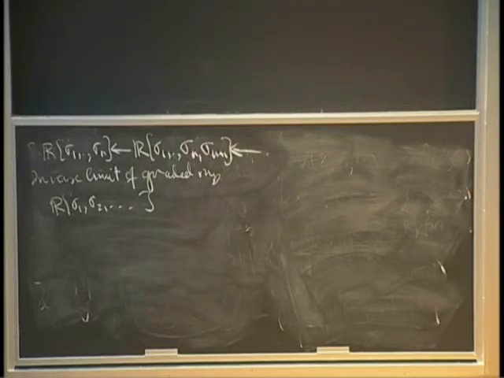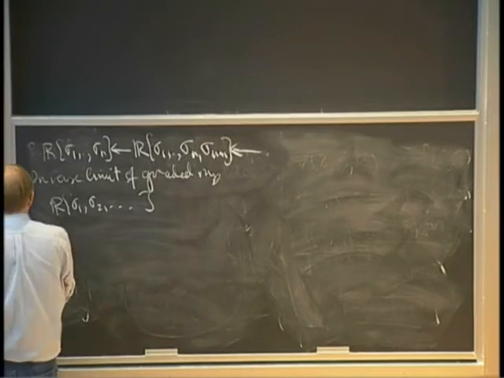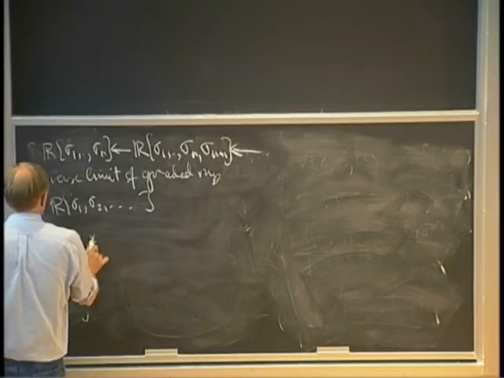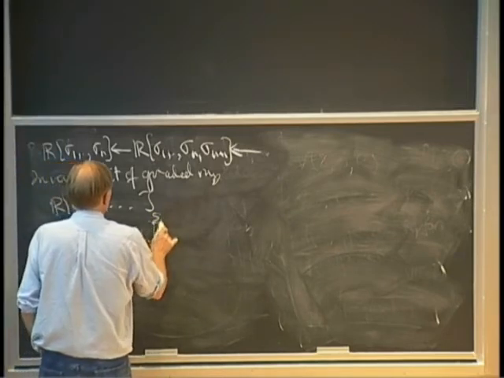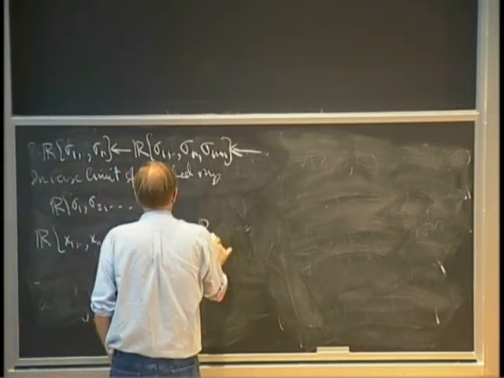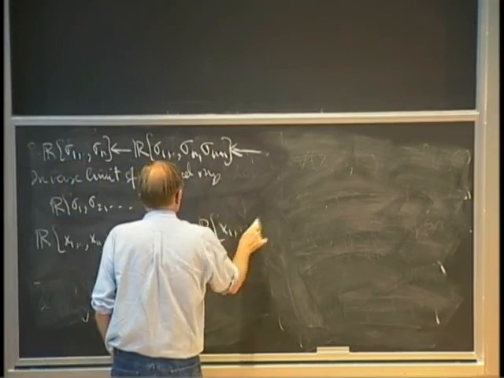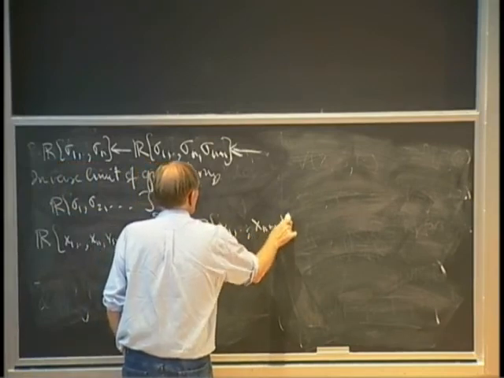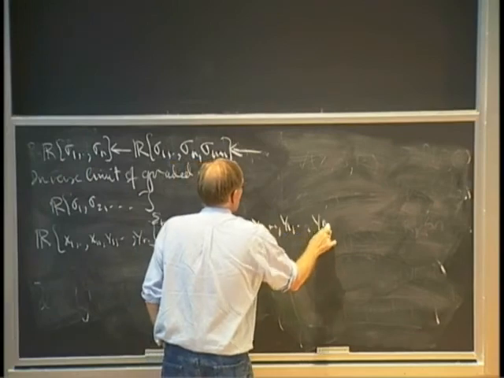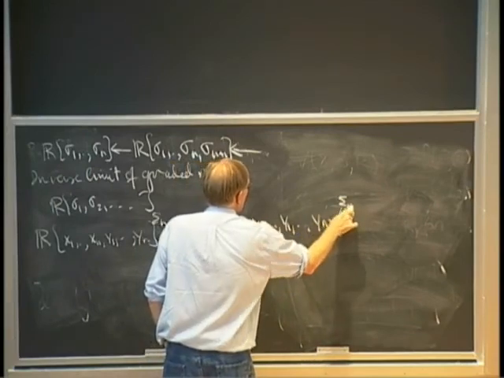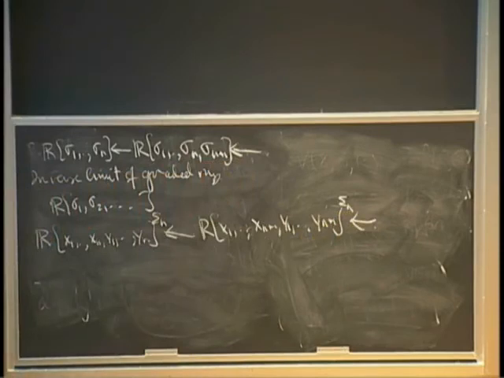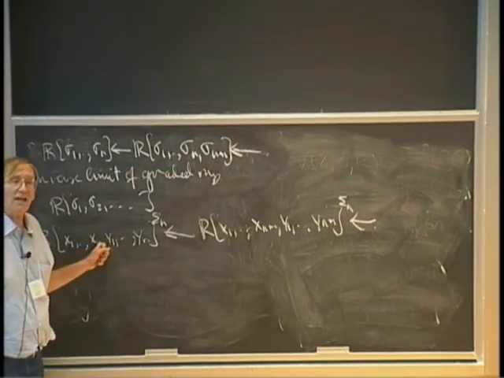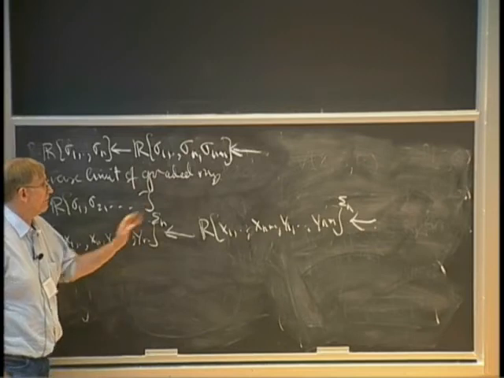So what happens with this one? There's a corresponding inverse system. And it turns out that although the individual constituents here are not polynomial, the inverse system is.